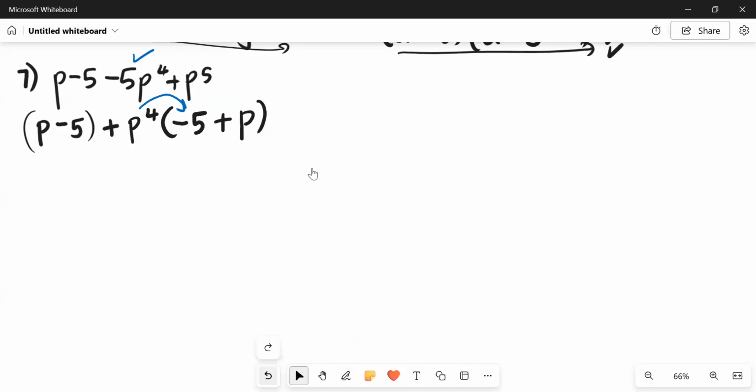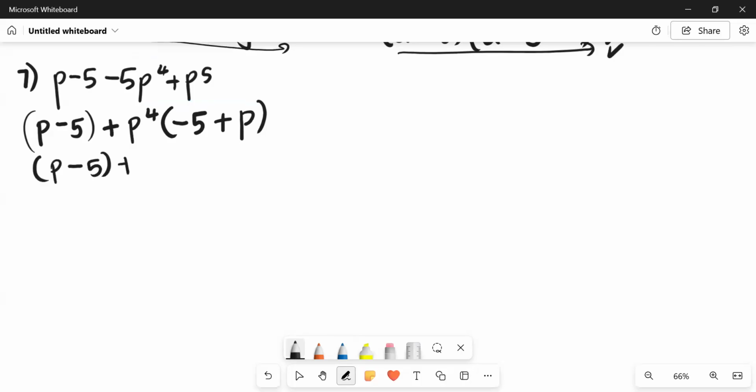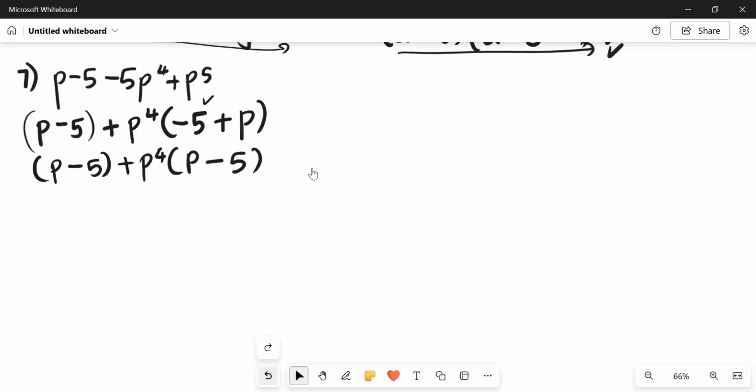So it's factorized correctly so far. And then from here, now I can just change minus 5 plus p into p minus 5. Still the same. 5 is negative, 5 is negative, p is positive, p is positive. It's just writing it in a different form.